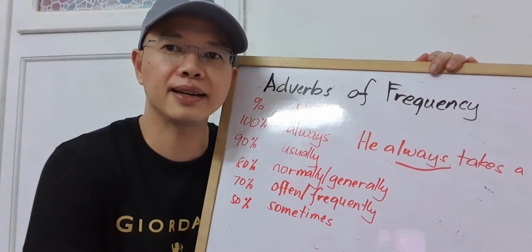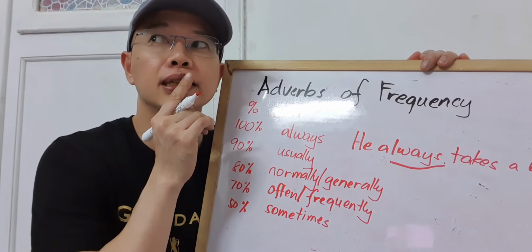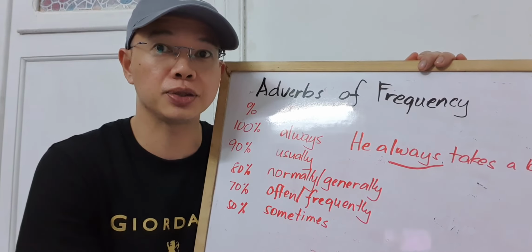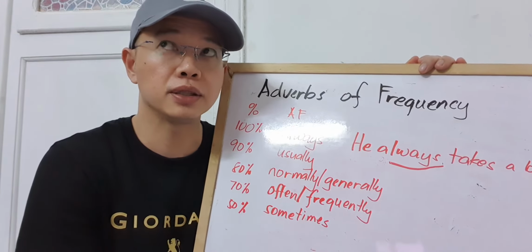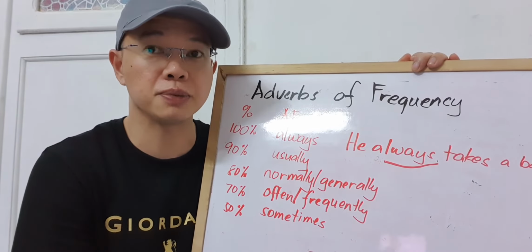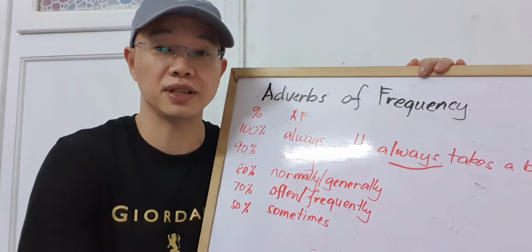When you say I sometimes cook dinner, what does it mean? It's a 50-50. So in a week, that's probably 3 or 4 times a week, because you have 7 days in a week, right?